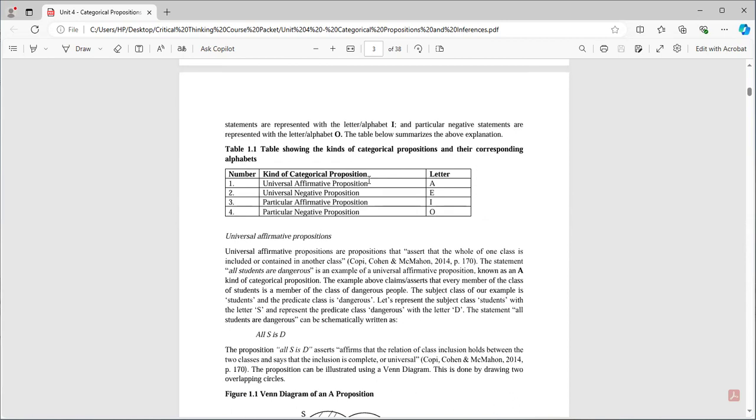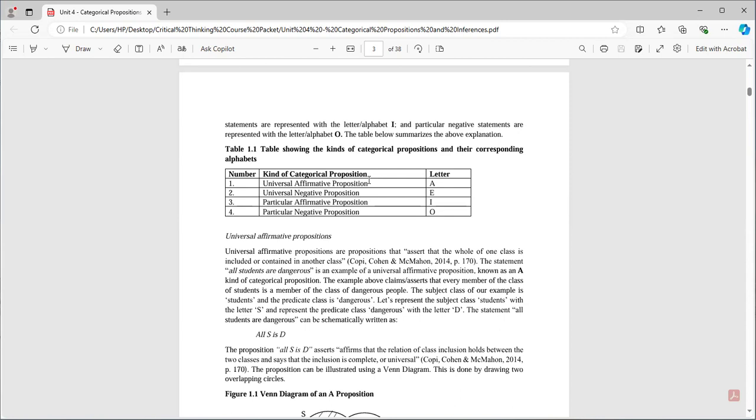Now, we said when we say all students are dangerous, we can use a Venn diagram to illustrate our claim. We will use a Venn diagram to give a picture form of our claim.